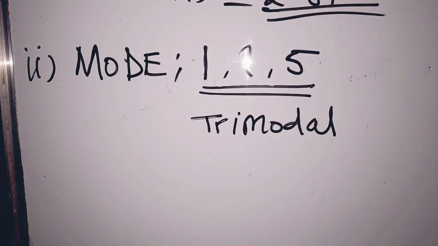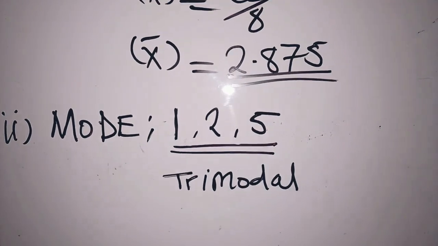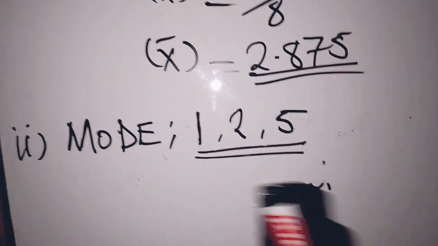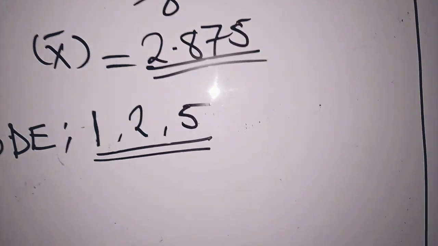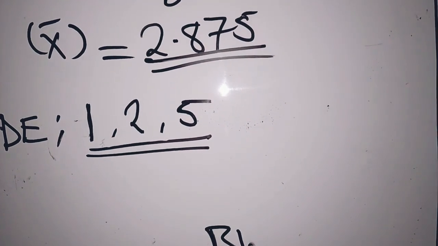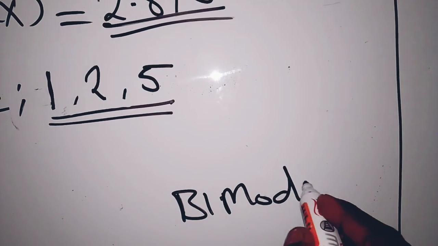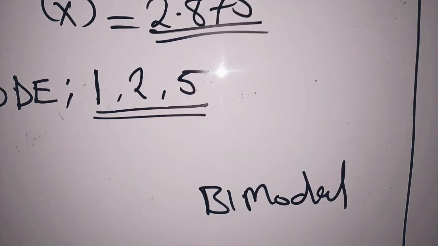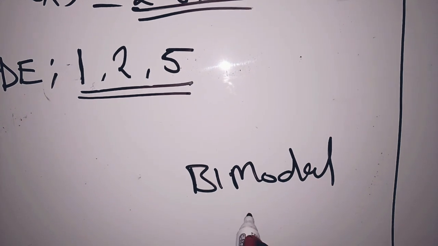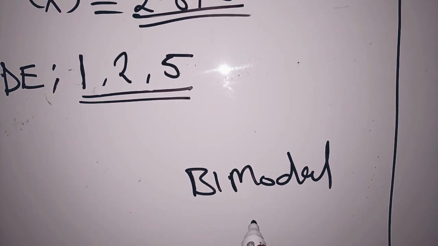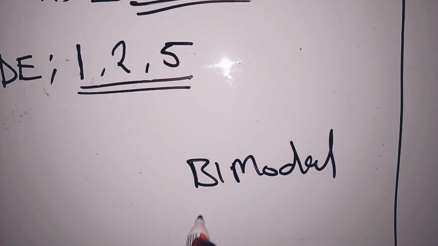Maybe they can tell you what kind of mode it is producing. If it has 2 modes, then it is bimodal. Bi means 2.